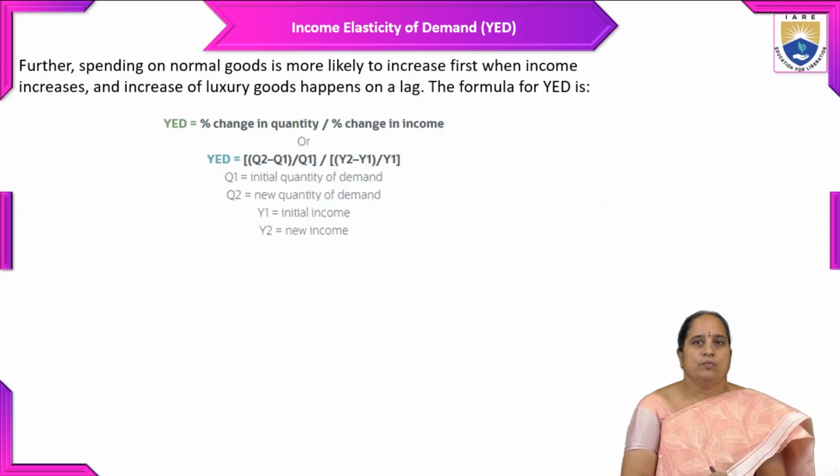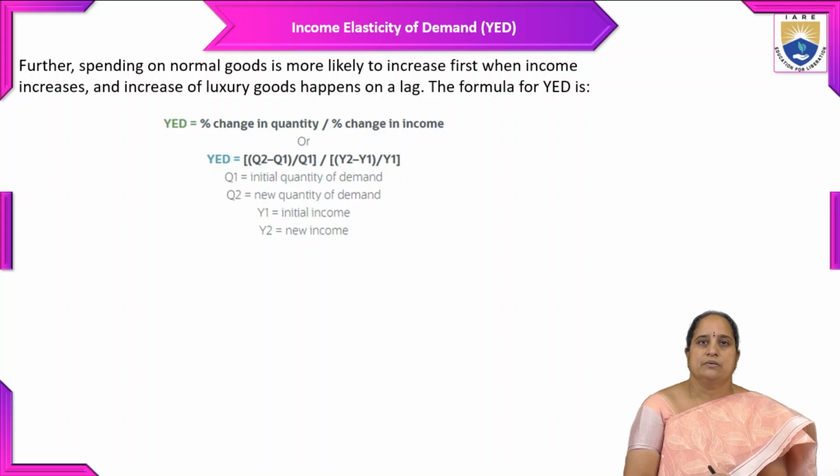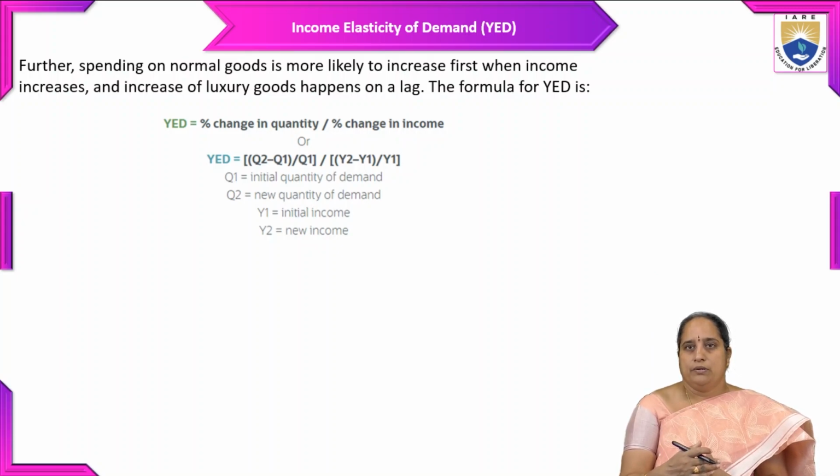Spending on normal goods is more likely to increase first when income increases, and the increase on luxury goods happens on a lag. So initially, whenever there is an increase in your current income, we make more purchases on normal goods, and then we prioritize luxury goods, which should be done after taking some gap.